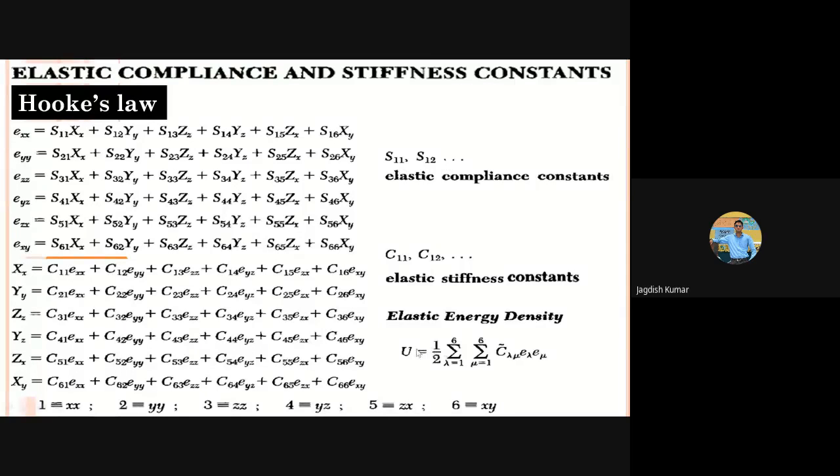The same thing here. Now here energy is not necessarily stored because of stress applied along x direction and strain produced along the same direction. It may happen that stress has been applied along x direction and some of the strain is also produced along y direction, exy, isn't it?